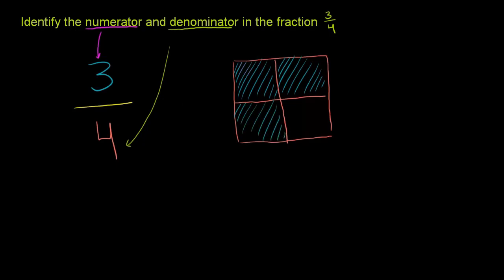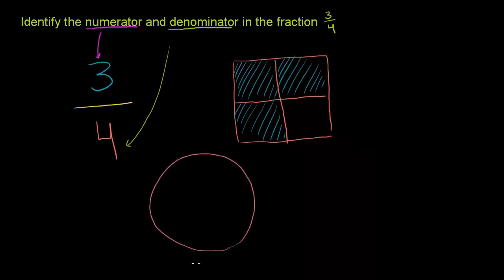If we imagine a round pie, it would look like this. Let me draw a round pie. So that is my round pie. Let me cut it into 4 equal pieces, or roughly equal pieces. And if someone says, I ate 3/4 of this pie, where the 3 is the numerator, and the 4, which you'd read as 3/4, is the denominator, they would eat this much of the pie.